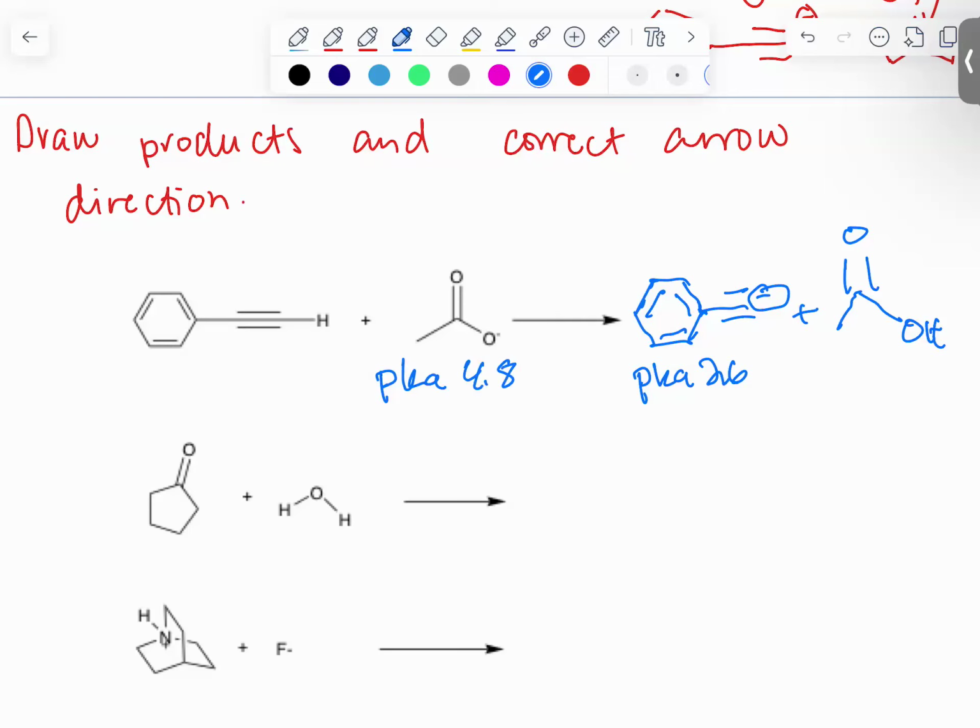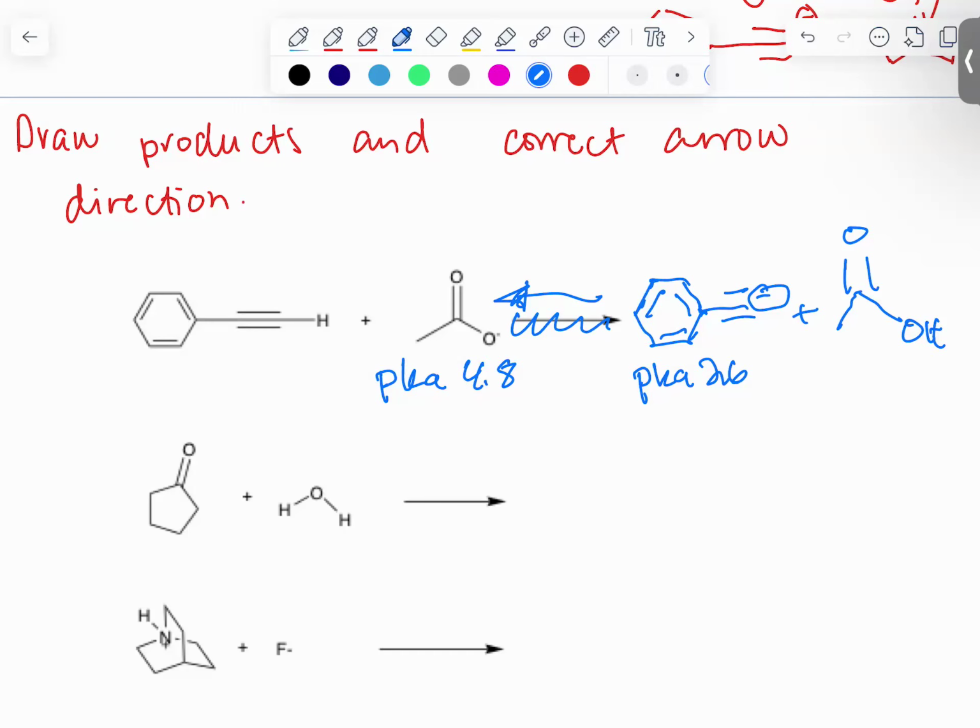Your pKas are right. Do you agree with this arrow? Correct.